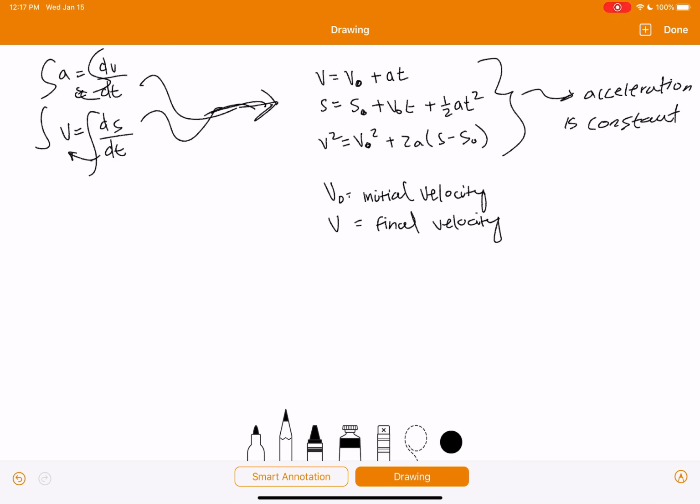Sometimes if it's easier to remember, you can write them as v2 equals v1 plus at. So this would be velocity at position 1, velocity at position 2, and so on, if it's easier to remember it that way. But these can help you solve problems.